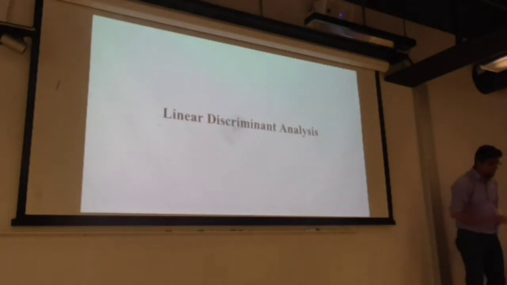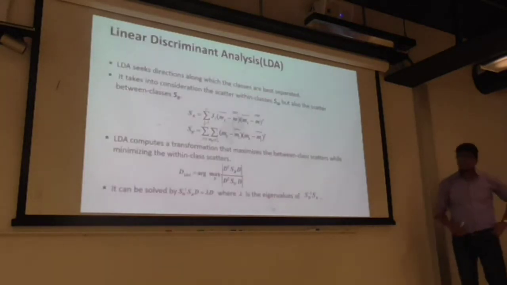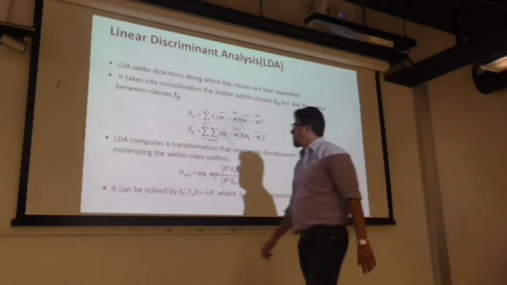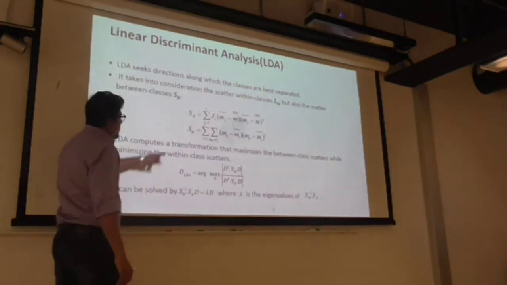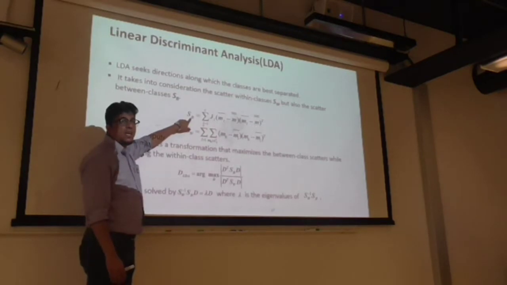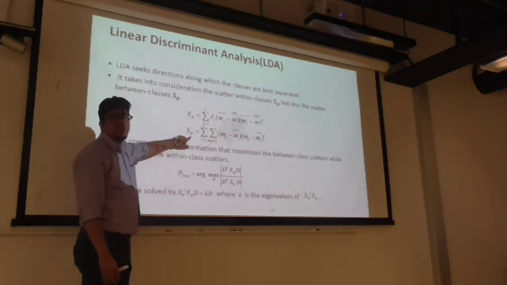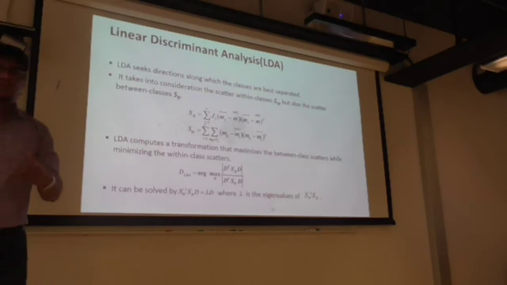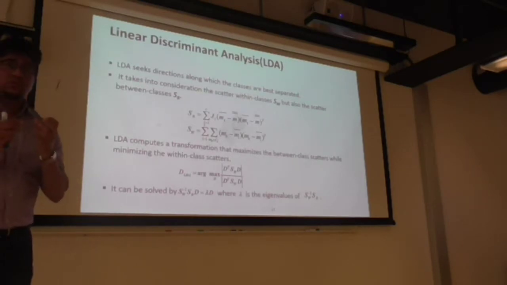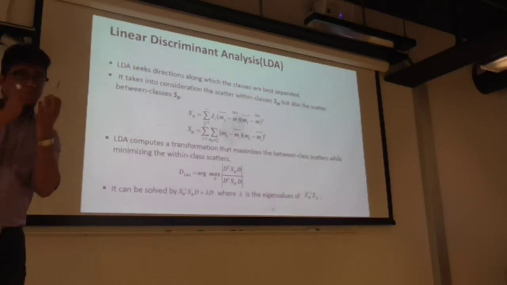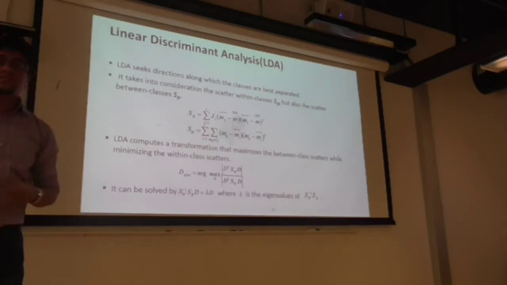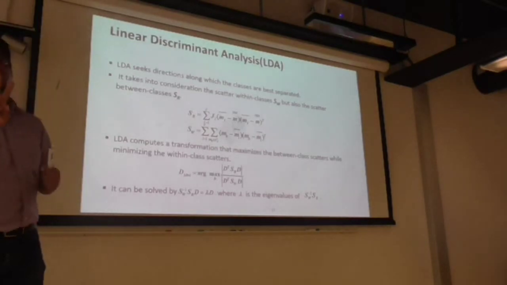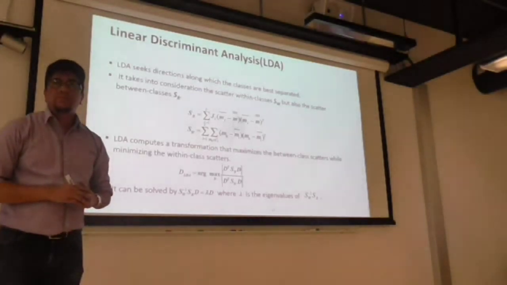But here, the formula is to find the between class scatter matrix and the within class scatter matrix. Okay? So it's basically trying to minimize the variance of the samples inside each class, and trying to maximize the scatter between the classes. Simple.